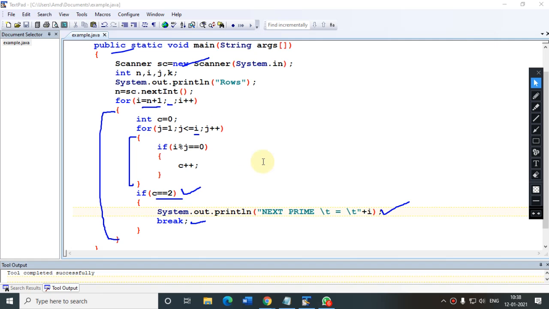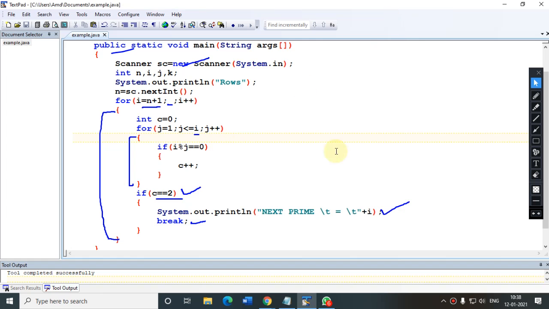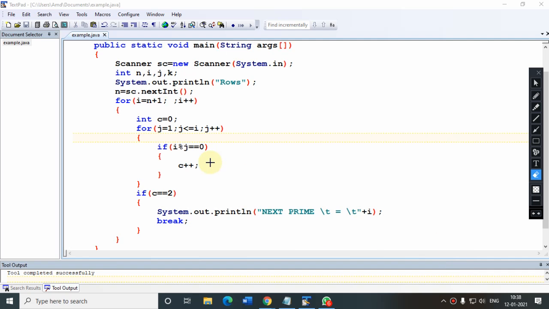Should I show you one more execution? Like you have entered 57. So the next is 59. I hope this logic is clear to everybody. And if you want to reduce this code, you can use the while loop also.